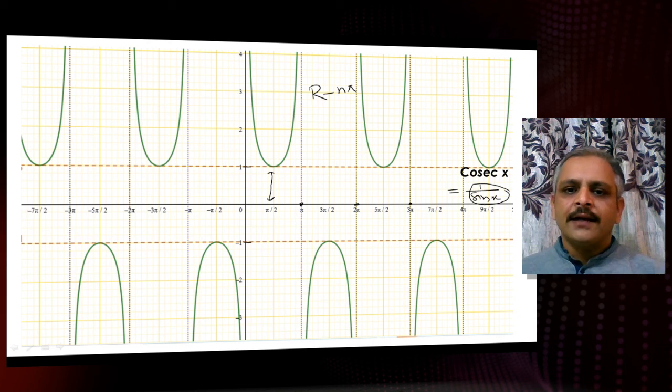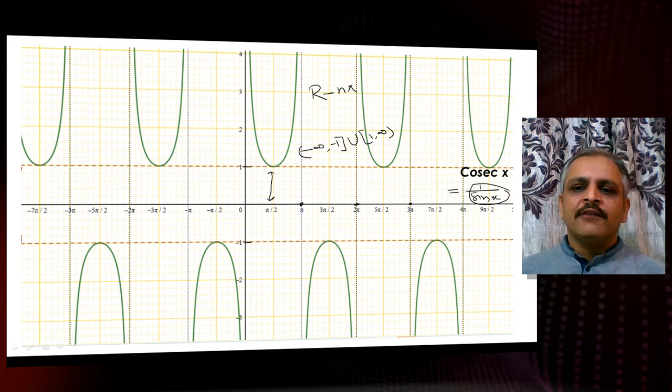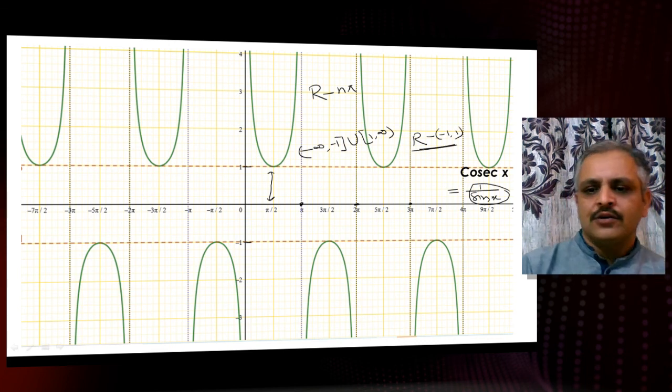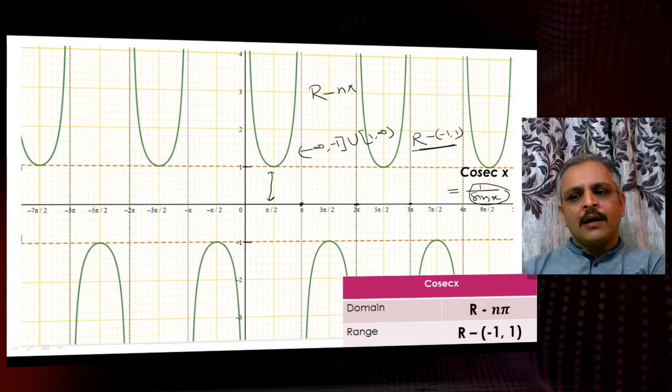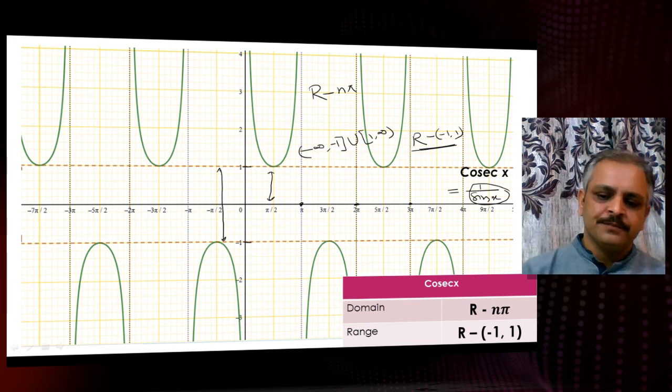So I can say that it is either minus infinity to -1 and 1 to infinity. Or in other words, I can say that it is all real numbers except -1 to 1. So both ways are correct. So our domain is all real numbers except multiples of pi, whereas the range is all real numbers except this portion, -1 to 1. We will remove this much portion.